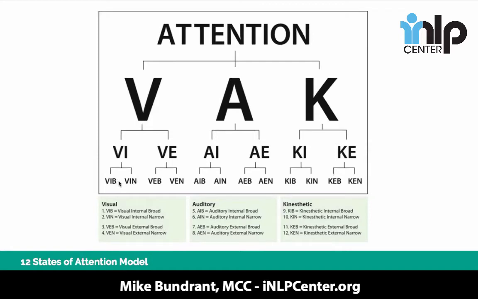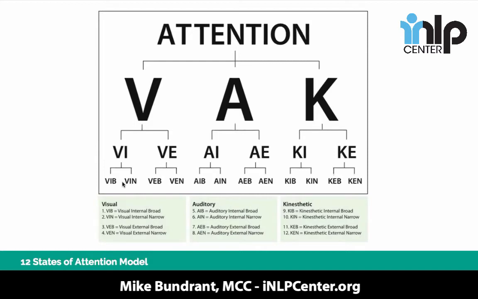So that would be doing the same thing on the inside that you did on the outside with a narrow and broad focus. Everyone try that for a second. Make an image in your mind, look at one narrow aspect of it, soften and go broader, find out what else is in your internal visual field.